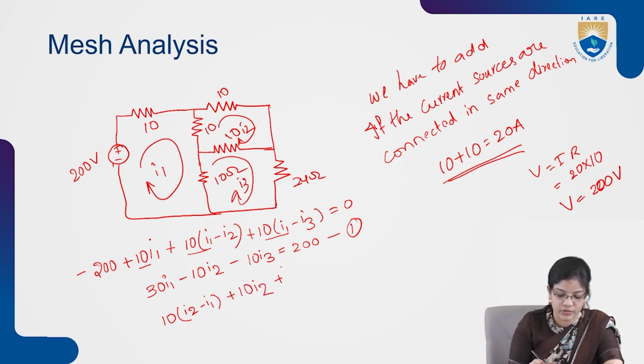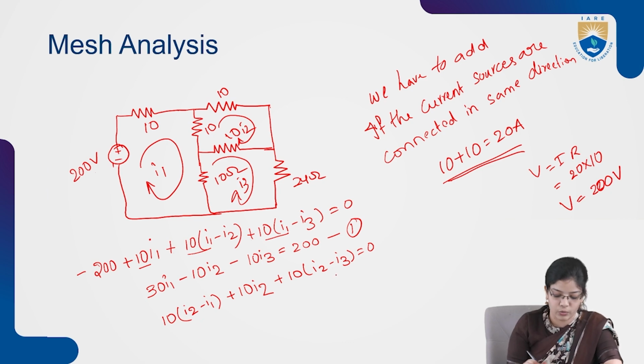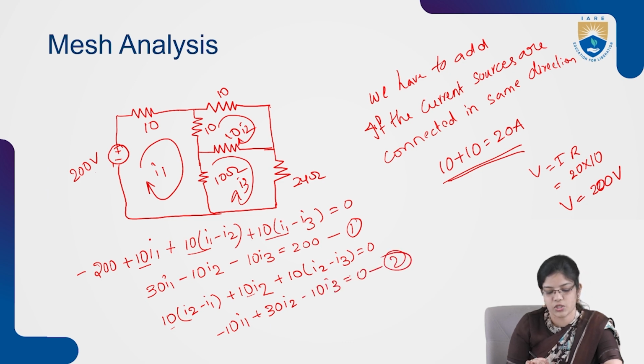And for the third element, it is connected in between I2 and I3, so it will be considered as 10 of I2 minus I3 equals 0. So we get minus 10 I1, plus 30 I2, minus 10 I3 equals 0. This will be equation 2.